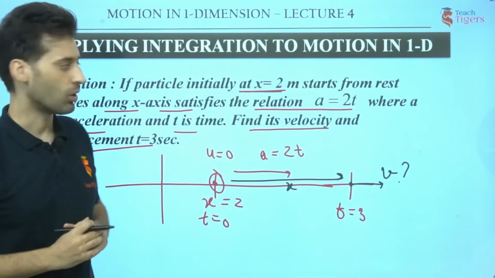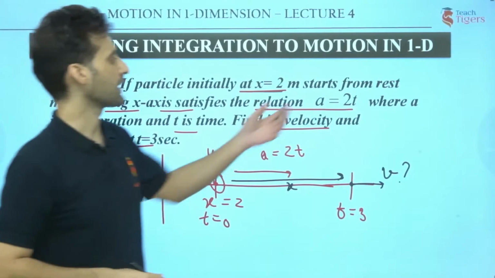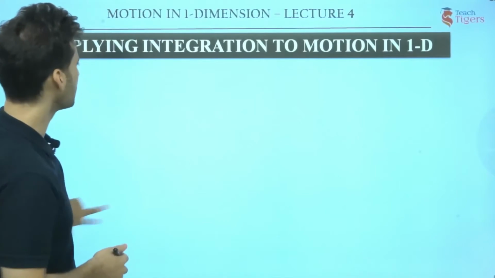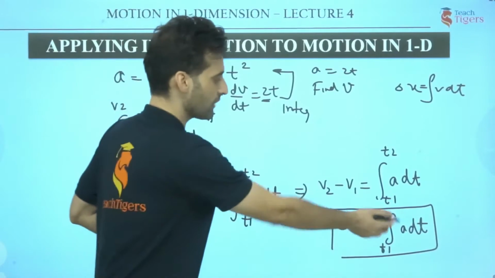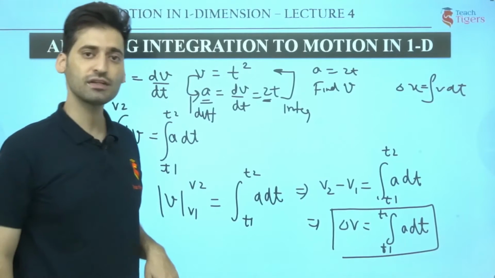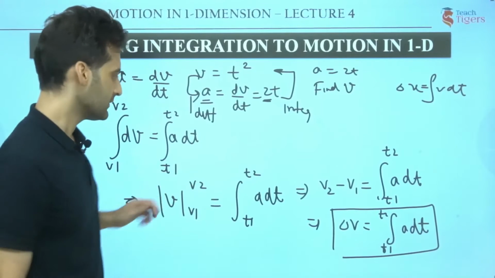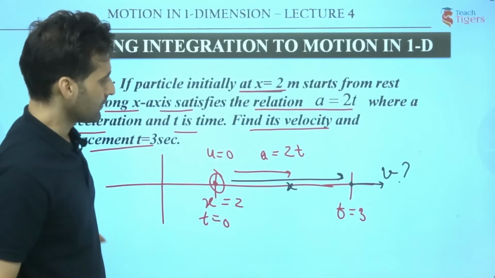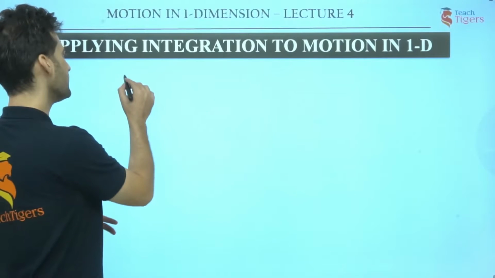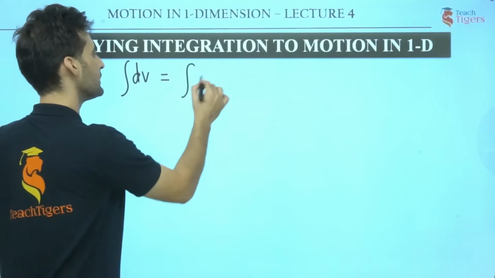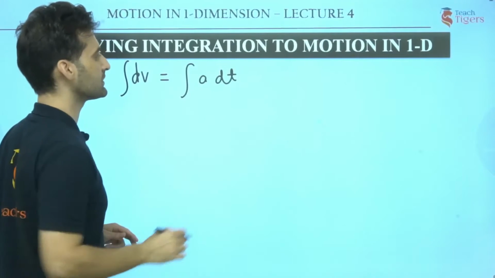Can we do this thing? Of course, why not? The acceleration and time relation is given, and we will use the formula we have learnt here. I will try to find the relation between velocity and time. As we know, this dv is equal to a dt. Let's use this formula.